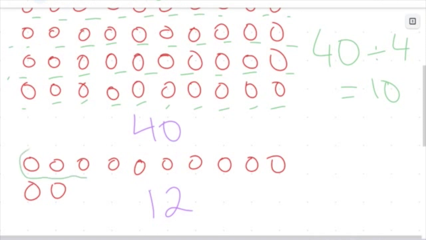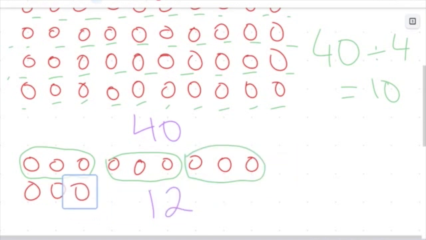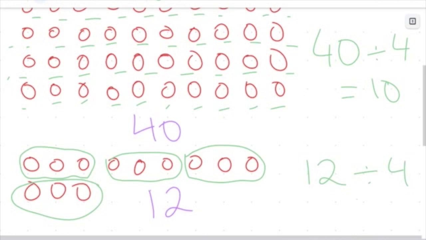So I have one here, one here, one here. And if I move this last one down with these guys, I have 4 even groups of 3. So this becomes 12 divided by 4. And once again, if we know our times tables, we know 4 times 3 gives me 12. So doing the opposite operation, dividing, 12 divided by 4 then gives me 3, because I have 3 in each group here.